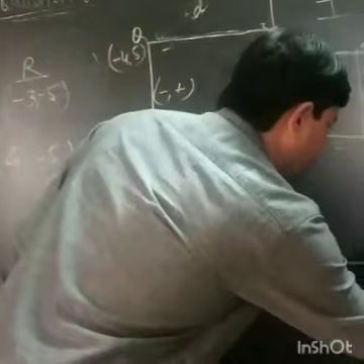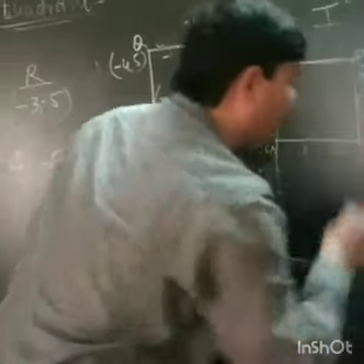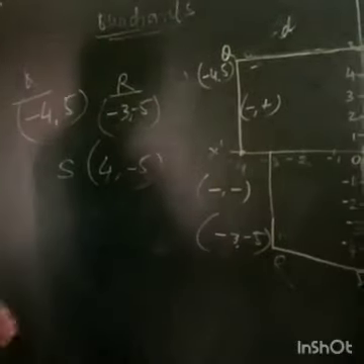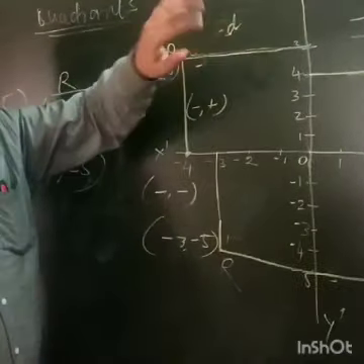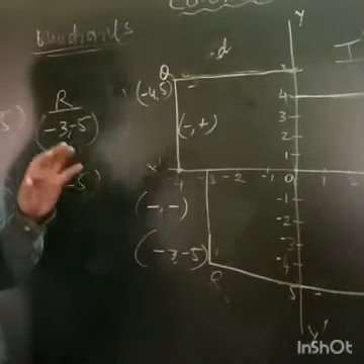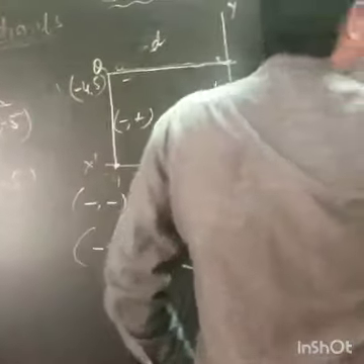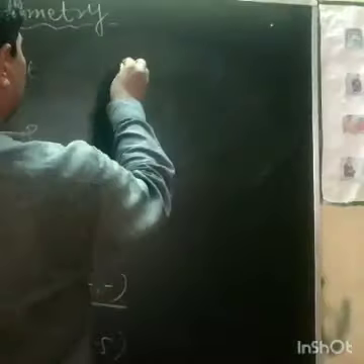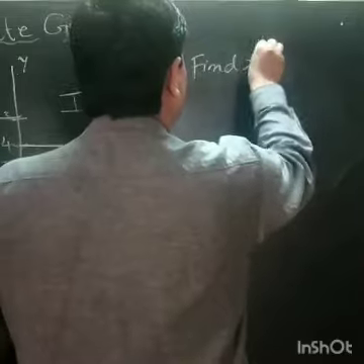If x is positive and y is negative, it lies in the fourth quadrant. So after seeing the coordinates of a point, you can easily tell which quadrant it lies in. Now see, there are certain points that you should locate and find their location.